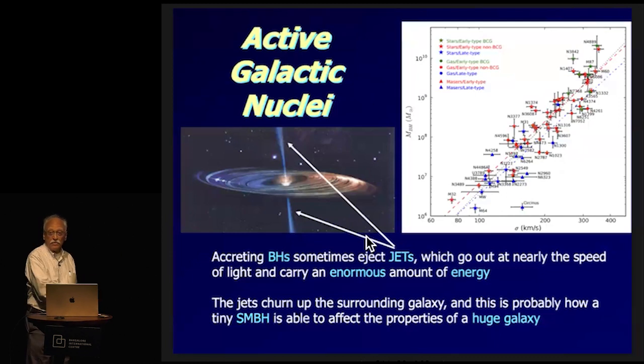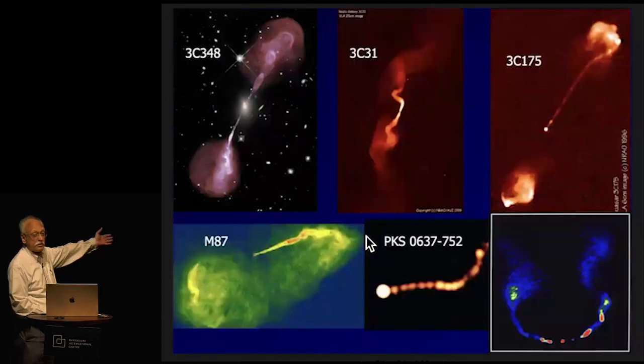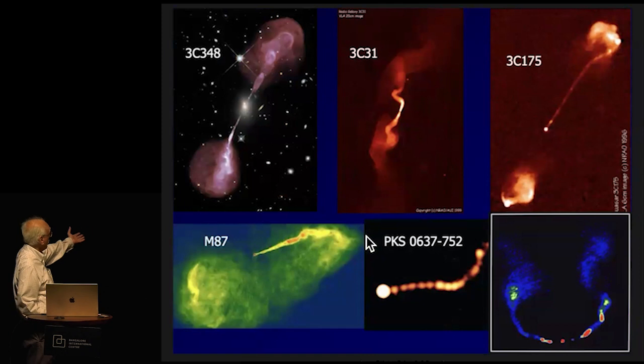speed of light. Okay, so this is something that has been known for a long time, in the sense we have seen pictures of these jets. So these are all radio astronomy images of a lot of famous systems. In each of these cases, so take this guy for instance. There is a supermassive black hole right here.